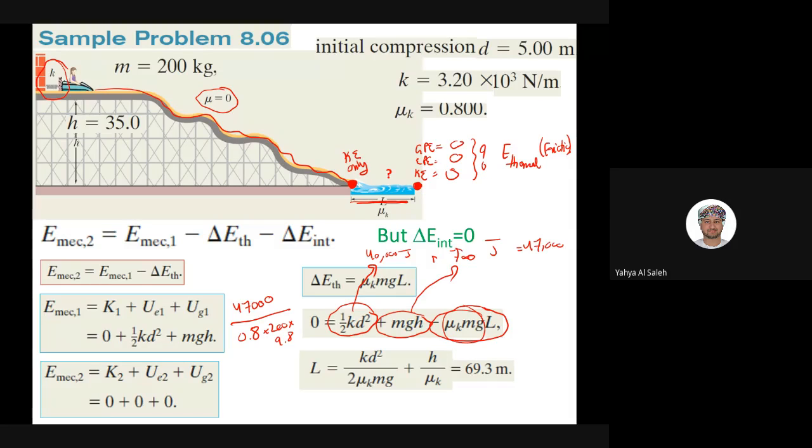I made a mistake somehow. Because I'm not getting 69.3 meters. I'm getting 4.46 meters. Did anyone else do this calculation?